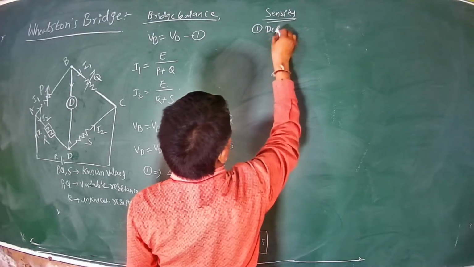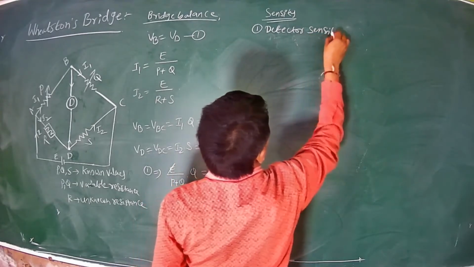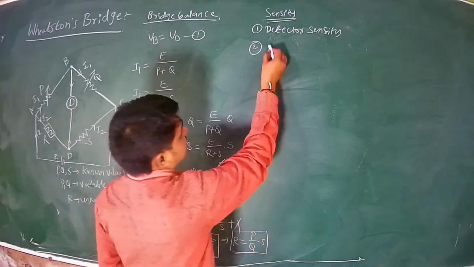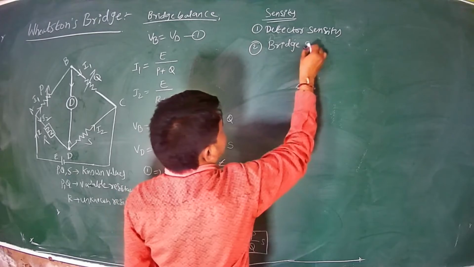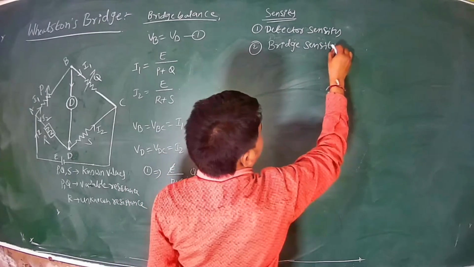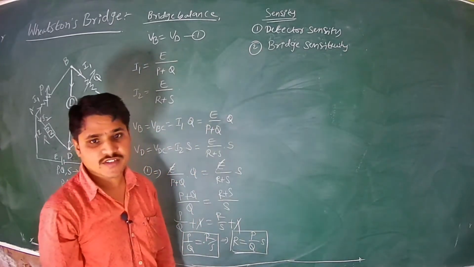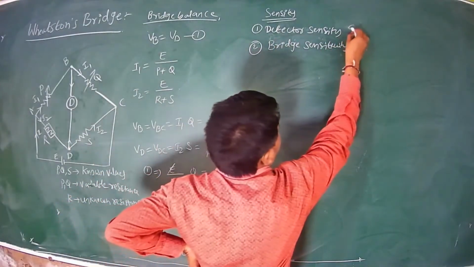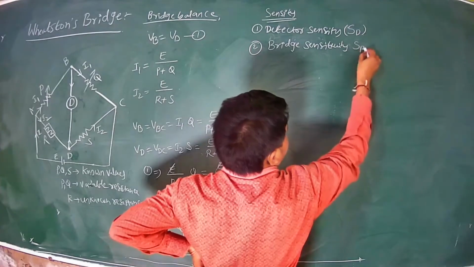One is called detector sensitivity, and the next one is bridge sensitivity. First of all, let us find the detector sensitivity, denoted by SD, and the bridge sensitivity is denoted by SB.